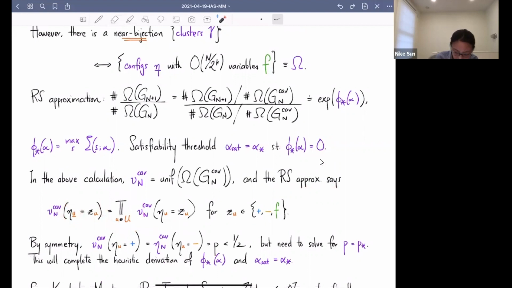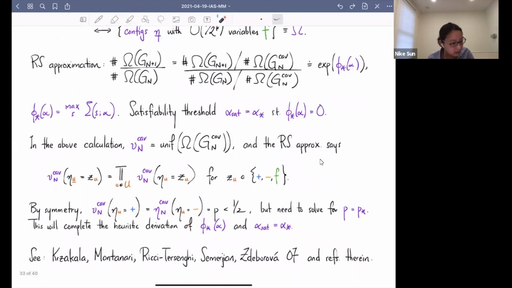Each of these is an element of plus, minus, or free. And again, we have some symmetry, so plus and minus are still symmetric with one another. So the chance to be plus and the chance to be minus should be some p, which is smaller than a half. But there's no symmetry with free, obviously, so we need to solve for this value. Once we have solved for this value, this will complete the heuristic derivation of this quantity, and it will give the satisfiability threshold.